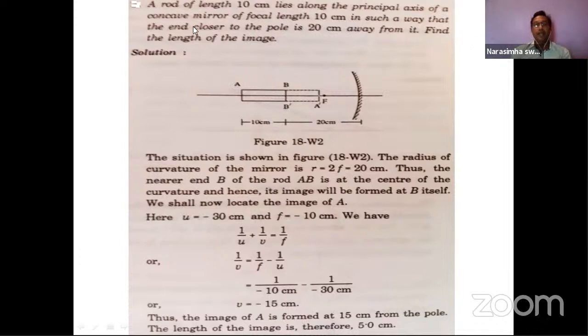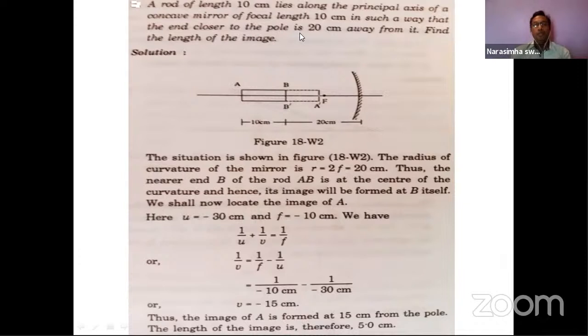In such a way that the end of this rod, AB is the rod, let us take B, is closer to the pole, at 20 centimeters. So this end of the rod is near to the mirror.